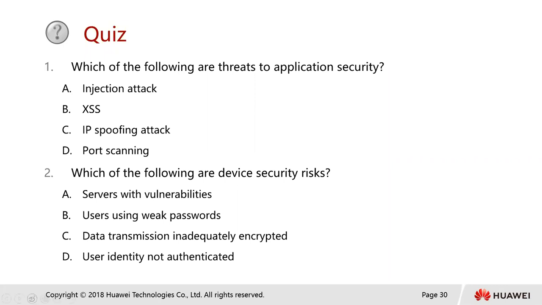Who can share with us their answers? What do you think the other answers are? A and B, injection and script. Why not the others? This one happens at which category? Network. How about port scanning?